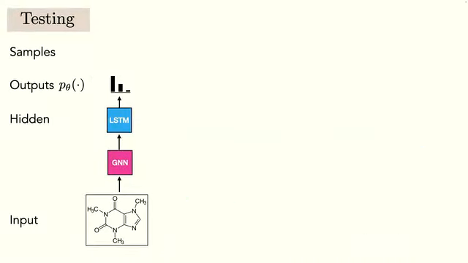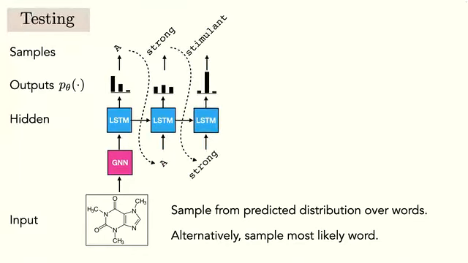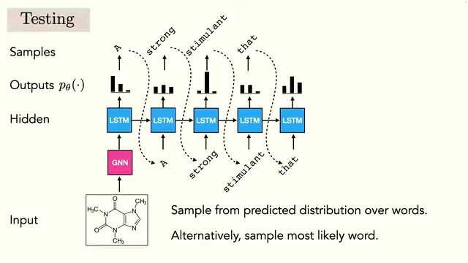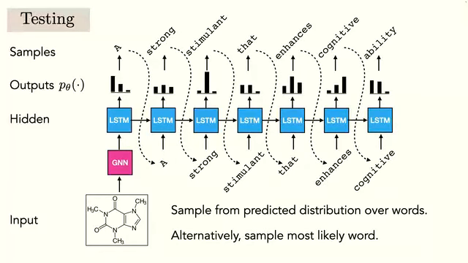And then at test time, you have your starting point, and then you're going to sample from the predicted distribution over those words. So, for example, we do that autoregressive thing where we send that in, and then we predict the next thing: a strong stimulant that enhances cognitive ability. But here, you'll note that we weren't super sure what was likely next.